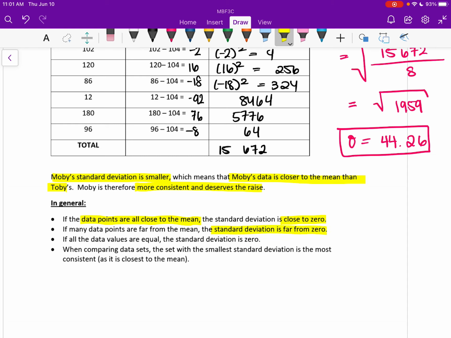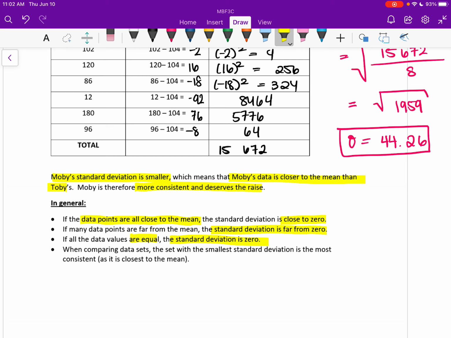It's more like 52, 56, 100. 100 would be a lot further away from the mean, right? If the data values are equal, right, so they're all consistent and uniform, the standard deviation is 0, which makes sense because that means they all are the same, right? There's no big difference between them.